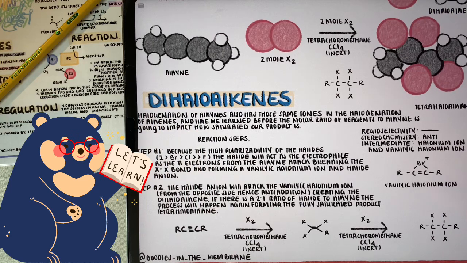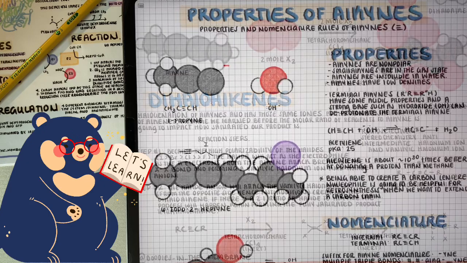In this case, our first one just has a double bond. So if we have 2 moles of the halogen, we can go all the way from an alkyne to a tetrahaloalkane. So sometimes it's really important, definitely on exams, to pay attention to the amount of moles of reactant they put for an alkyne reaction question.